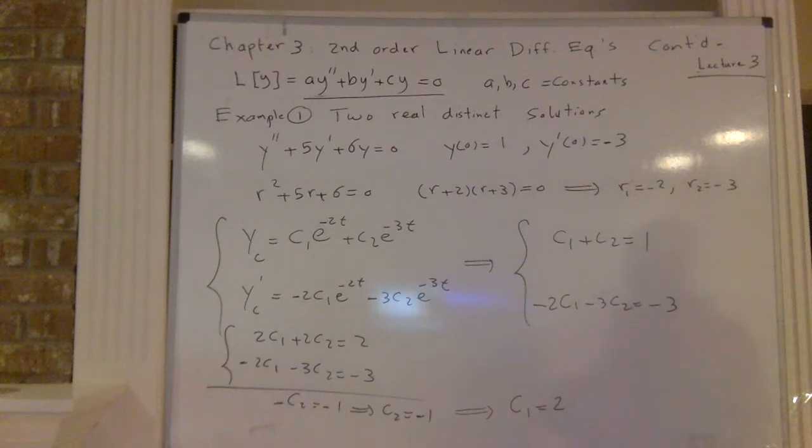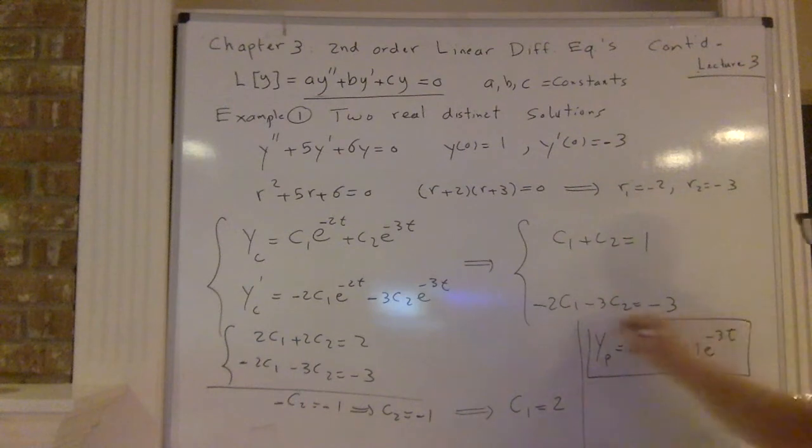Okay, so the particular solution yp will be 2 e to the power minus 2t plus... minus 1 e to the power minus 3t. So that's the particular solution.